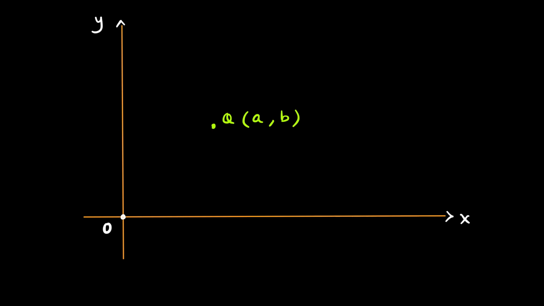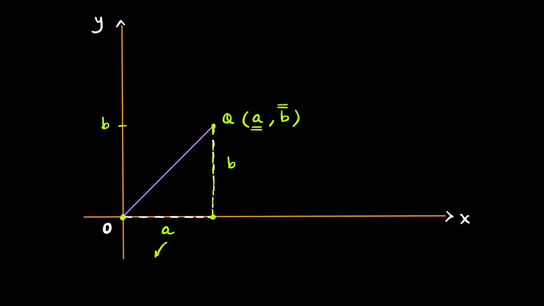That means if I draw a line starting from origin all the way till Q, I can draw a triangle. I am drawing a vertical and this is the horizontal of this triangle. The distance from origin till this point is a, because the x coordinate is a. Similarly, the distance from the x-axis all the way till this point is b because the y coordinate is b.